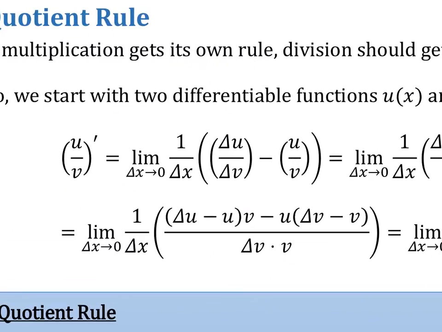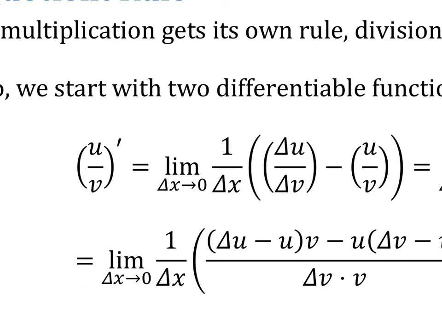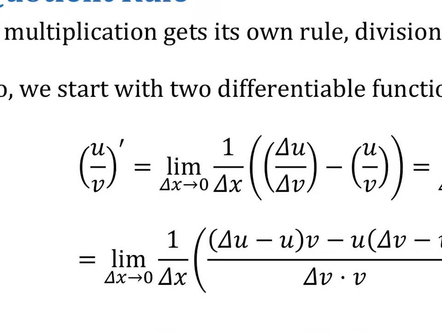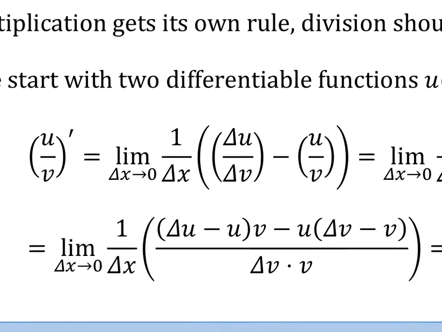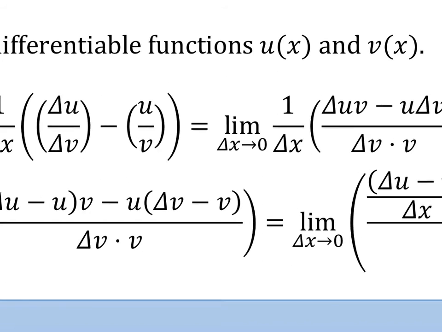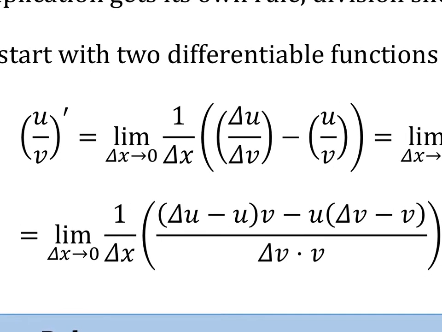If we approach it kind of the same way, you can think through this. We're not going to drag through it right now, all right. We can find the limits. This is really saying all of this over delta x. Okay.